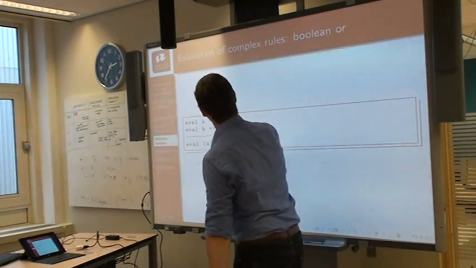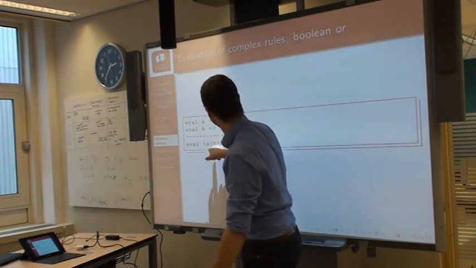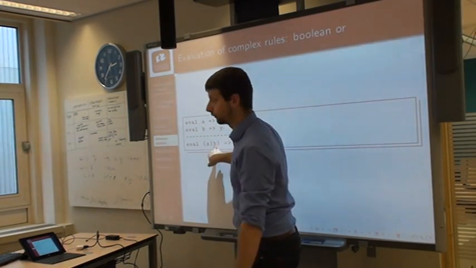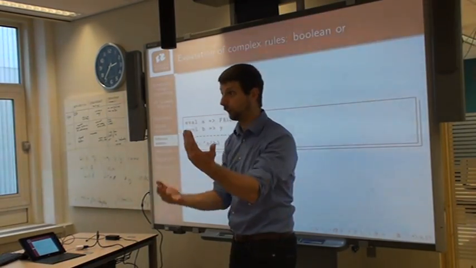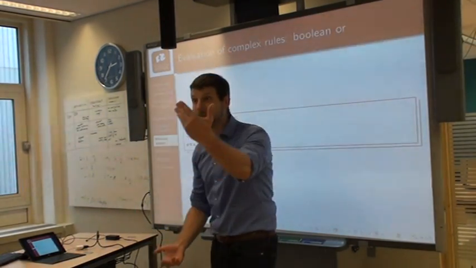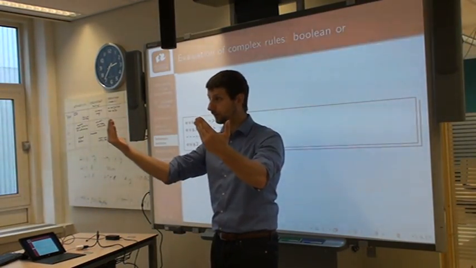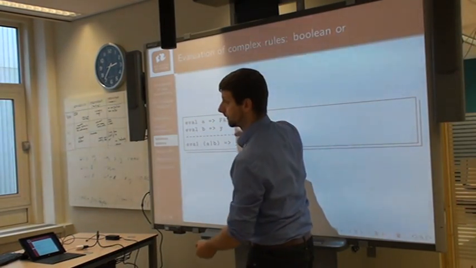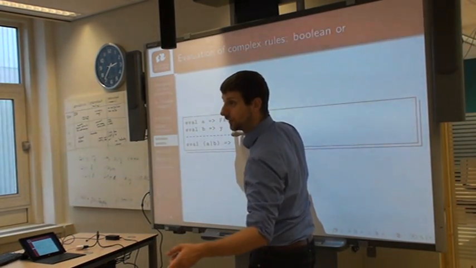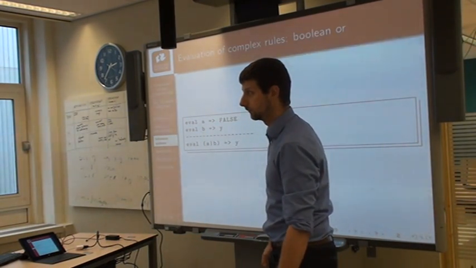So the idea is that if the left-hand side A is false, then if the right-hand side is false, the whole OR will be false, because you have false and false. If A is false and B is true, then it is true. So the whole A or B, if you know that A is false, is always going to be equal to whatever value B had. Got it or not?